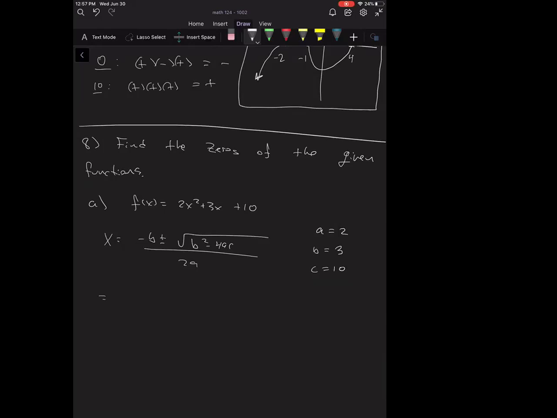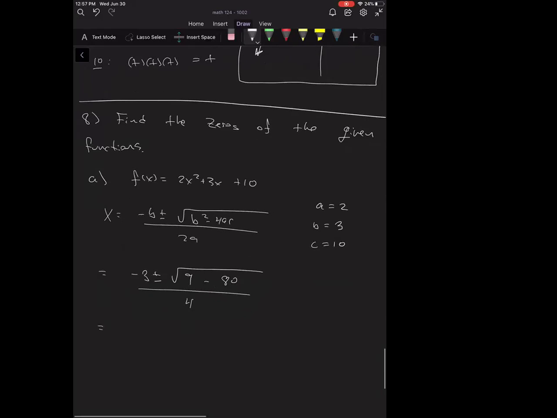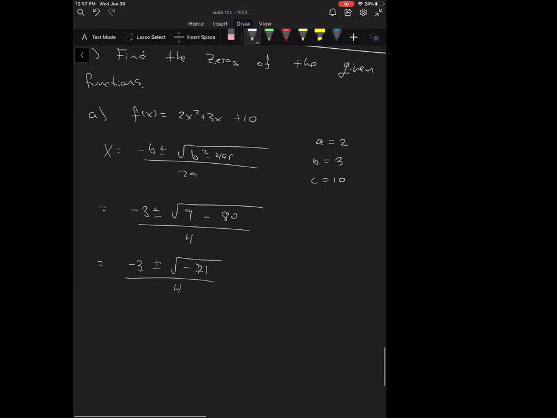So x is equal to negative 3 plus or minus the square root of b squared, which is 9, minus 4 times a times c. So a times c is 20, 20 times 4 is 80, and 2 times a over 4. So this is going to be minus 3 plus or minus the square root of negative 71 over 4. And then we can take that minus sign out and bring an i on the outside.